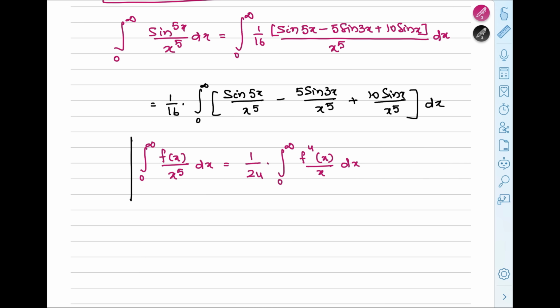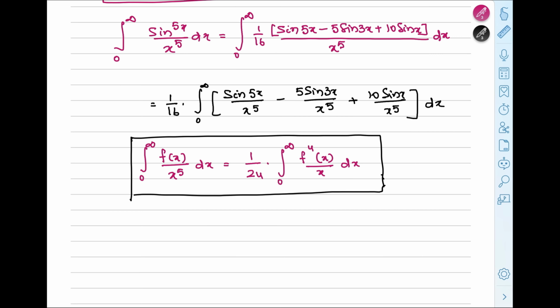This is one shortcut to find out the values of each and every individual term.